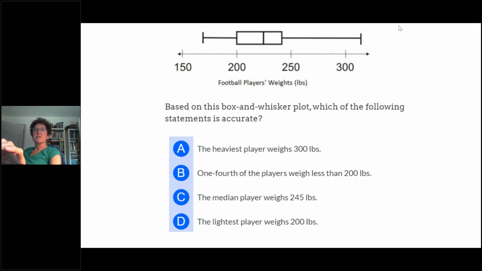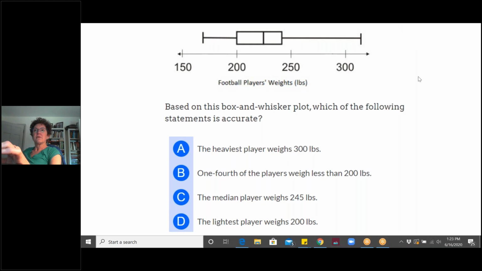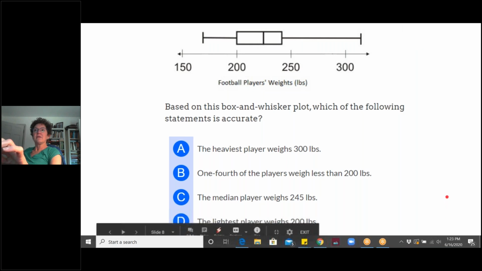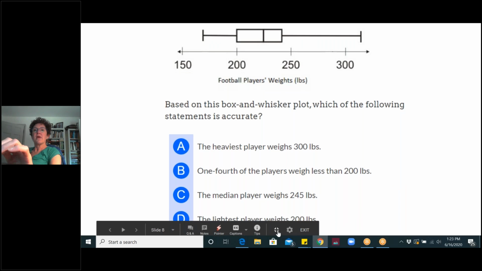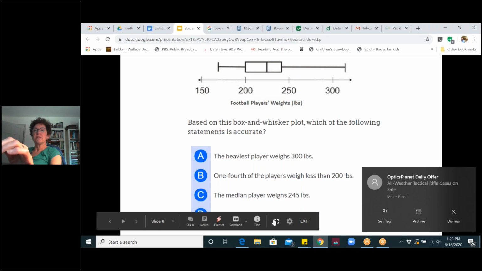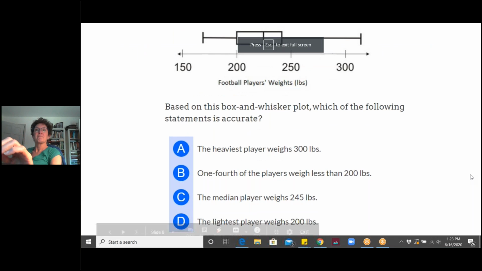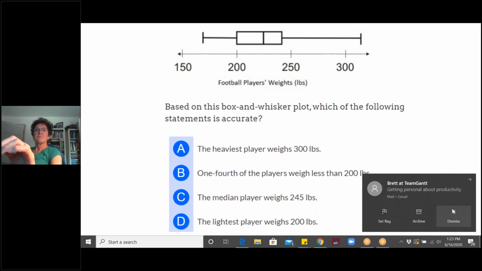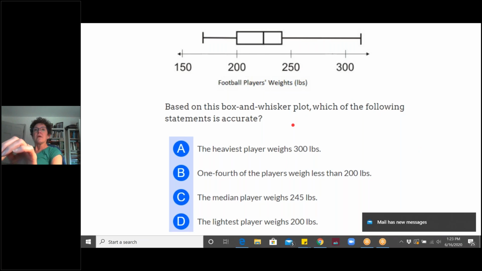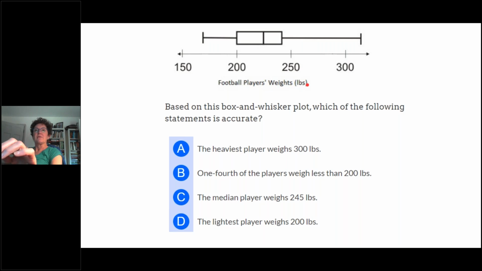So here is the question that came on that GED. It says, based on this box and whisker plot, which is still my football players with their weights in pounds, which of the following statements is accurate?